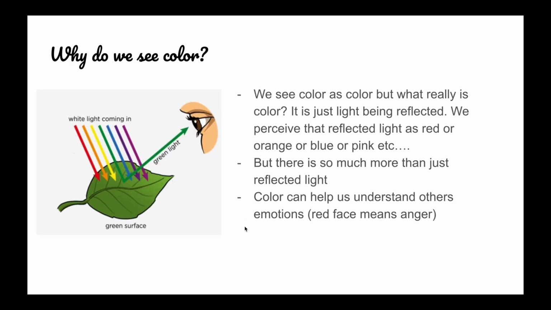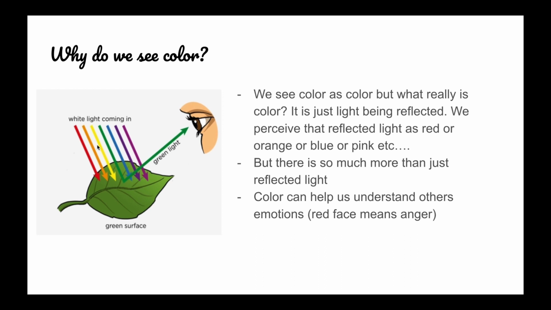Why do we see color? So we see color as color, but what really are we seeing? We think when we see a green leaf, that leaf is green because it's green. But what actually is happening is light is being reflected, and we see that reflected light.